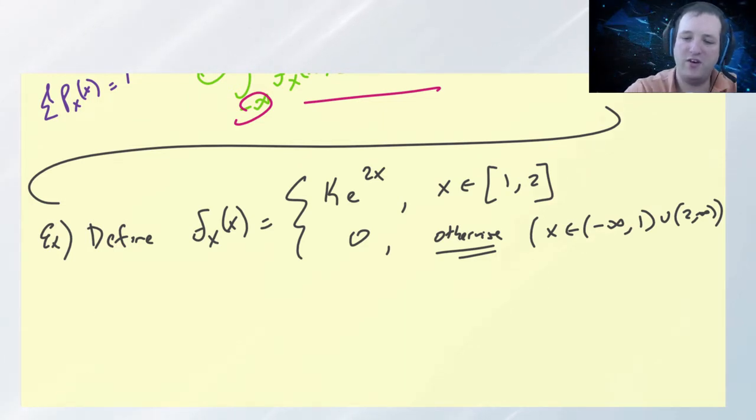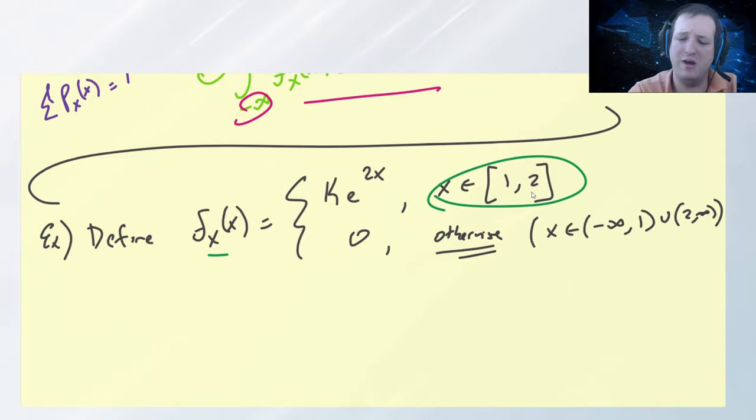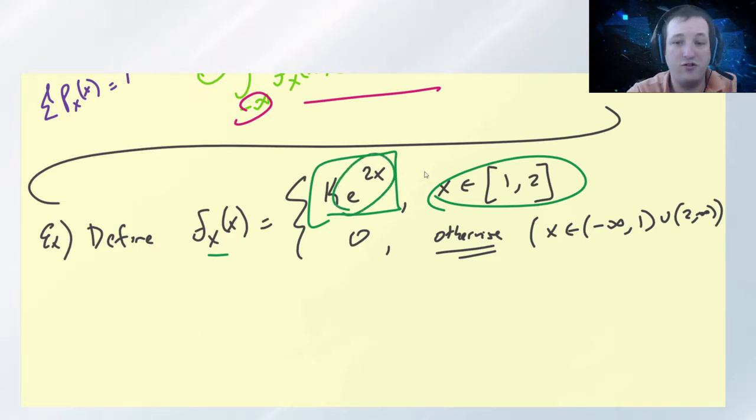All right, so firstly, we know that this function must be positive on its domain. Its domain is [1, 2]. Some people call this the support of the function, where it's non-zero. So this function has to be always positive on this particular interval. We know that exponential functions are always positive as long as x is a real number.